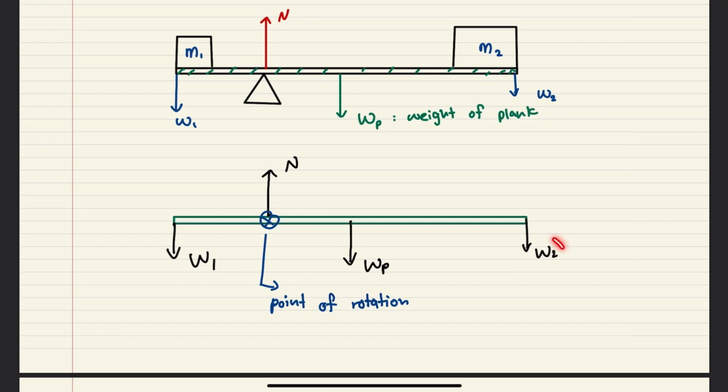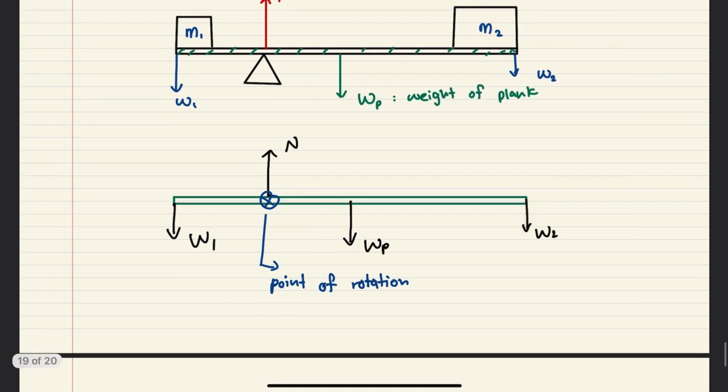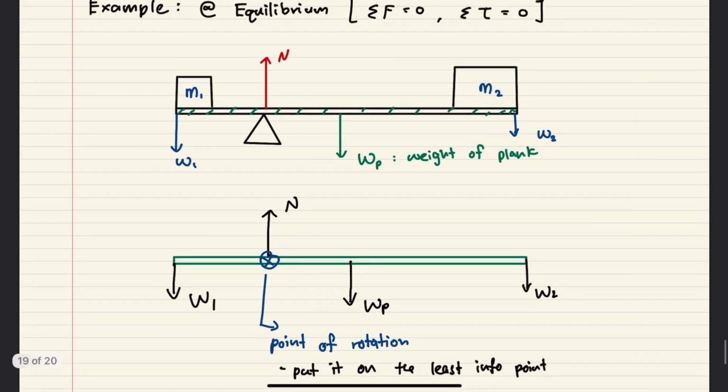If you want to find weight 2, normally we don't put the pivot point or point of rotation over there. So the main thing is to put it on the least information. I think if you have a question, then you can see it more clearly.